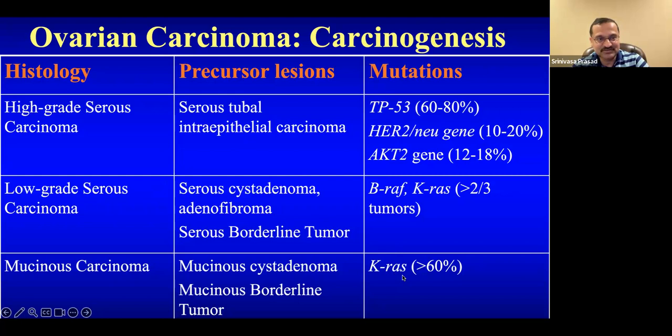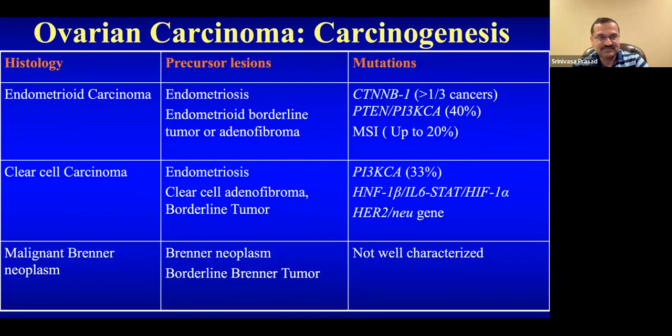So now there is more of a trend towards developing newer drugs based on the specific pathway, so that we can better have a handle on the control of these cancers.